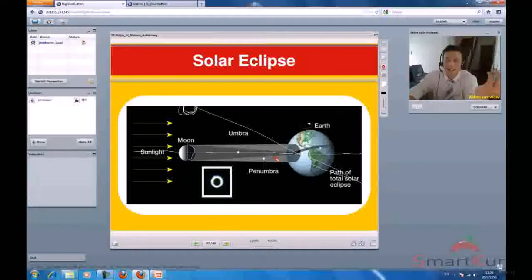Now, it's important to remember that the plane of the Earth's orbit is not perfectly aligned with the plane of the Moon's orbit.